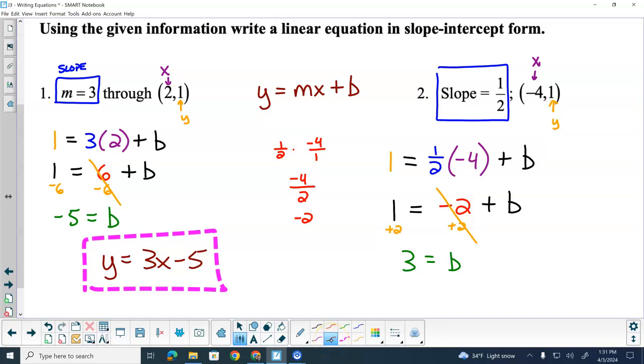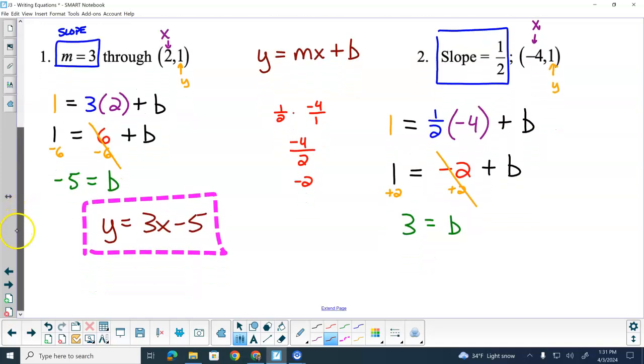What is my y equals mx plus b going to start with? All day yesterday, all day today, they've all started with y equals. What's my m?